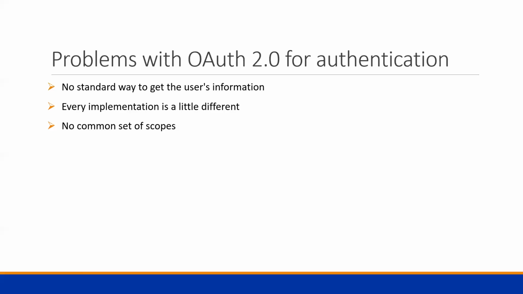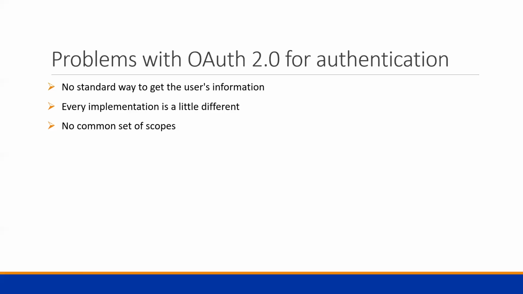So to address that, there was no standard way of getting the user's response, since every implementation was a little different, and also there was no common set of scopes, like basic profile and contacts or user.read only. So everybody defined their own scopes.